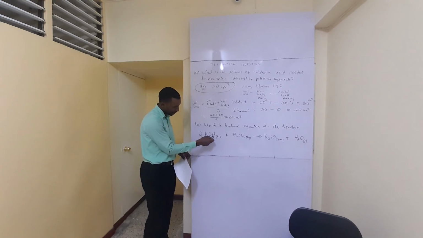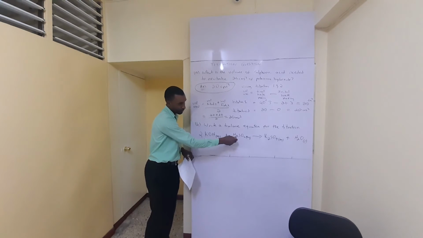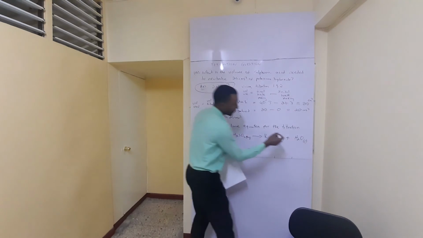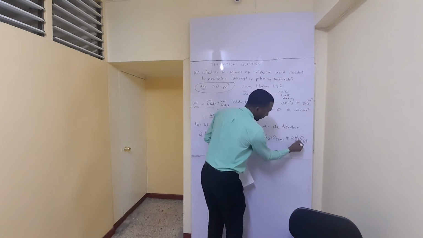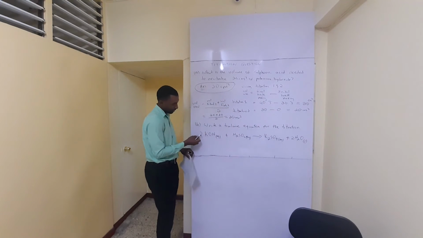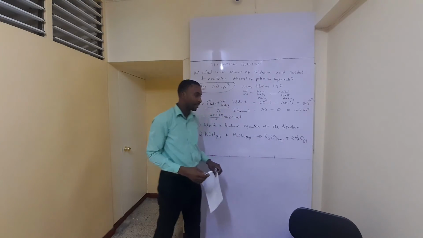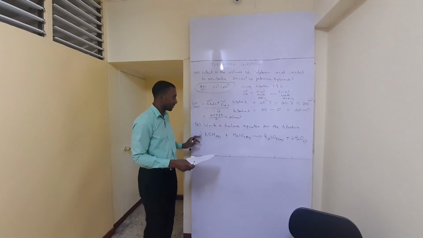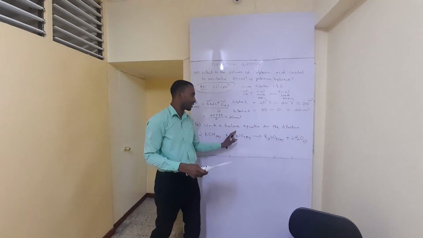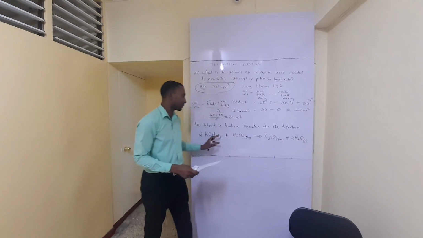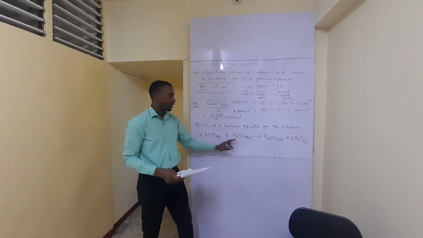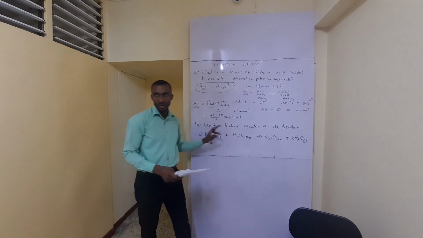So it's 2 here plus this 2, which is 4. So put that 2 here. 4 hydrogen, right? And then this is 2 oxygen here, 2 oxygen. Alright? So that's the balanced equation. So the formulas for the reactants and the products are correct, the physical states are correct, and the equation is balanced.